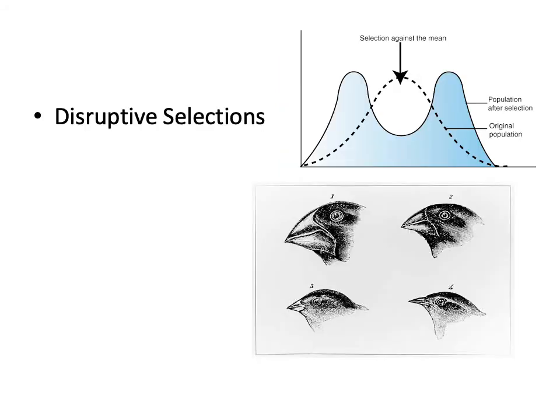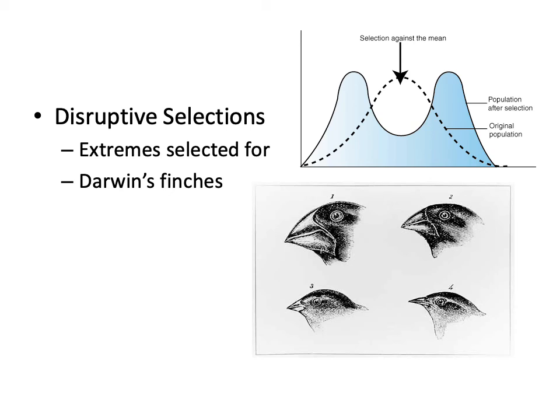Then there's disruptive selection. The extremes are selected for, and the averages are selected against. And so you have a population that has more highly variable characteristics. A good example of this has been shown in Darwin's finches on the Galapagos Islands.